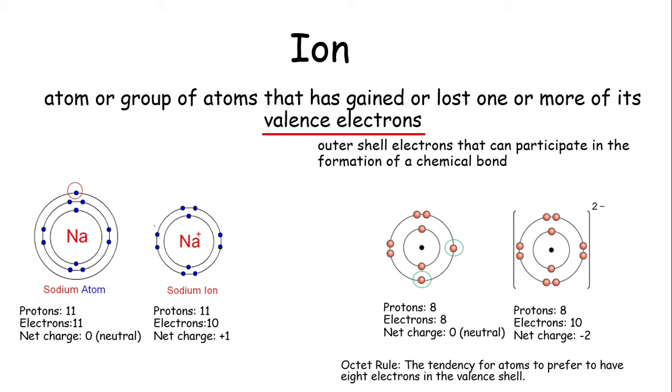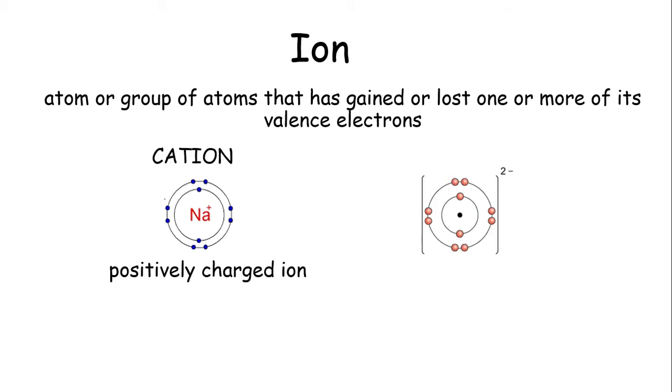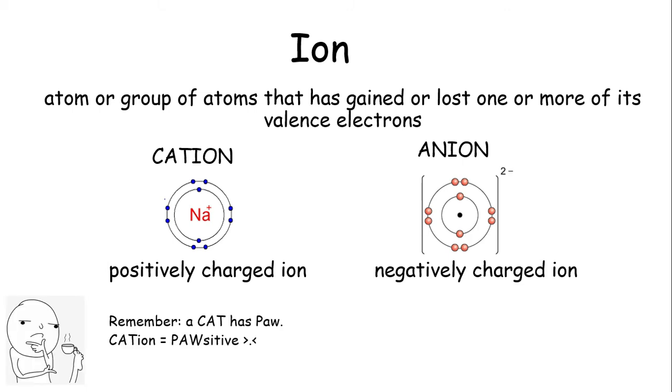So now we've studied the naming. What do you think is the name of this atom? This is an oxygen atom, and the other one is an oxygen ion. So remember, if the ion is positive, it will be called a cation. If it's negative, it is called an anion. Just remember, a cat has paws.